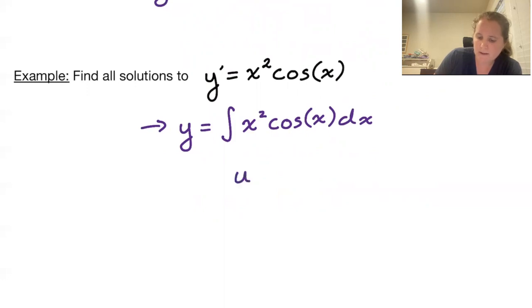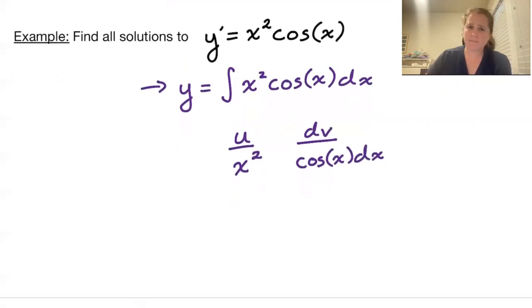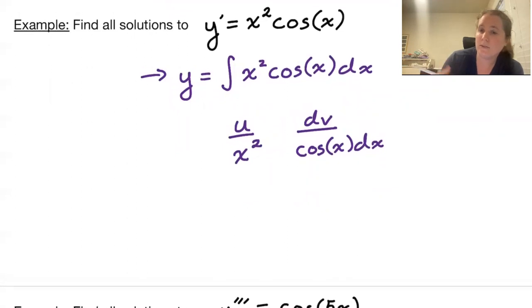So I'm going to separate this x squared cosine x dx into a u and dv. The one whose derivative ultimately goes down to zero is what we'll take as our u. So here we'll have x squared, and then cosine x dx will be our dv. As we work our way down, we are going to take derivatives for the u, and we're going to integrate on the dv column.